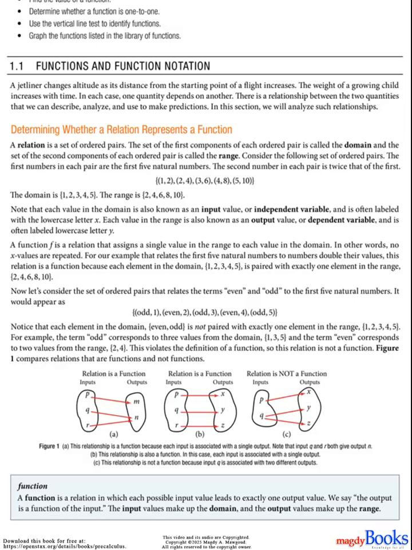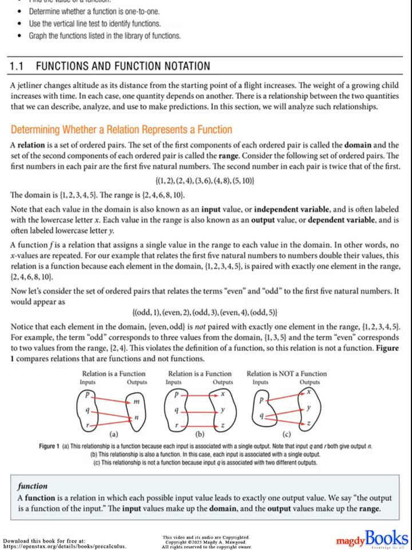A. This relationship is a function because each input is associated with a single output. Note that input Q and F both give output N. B. This relationship is also a function. In this case, each input is associated with a single output. C. This relationship is not a function because input Q is associated with 2 different outputs.